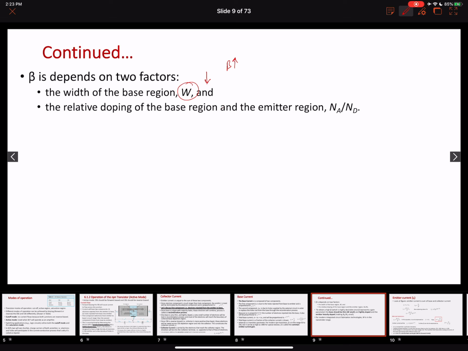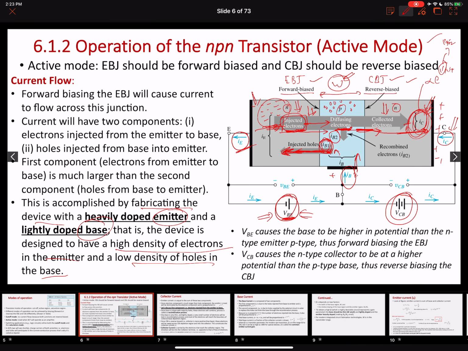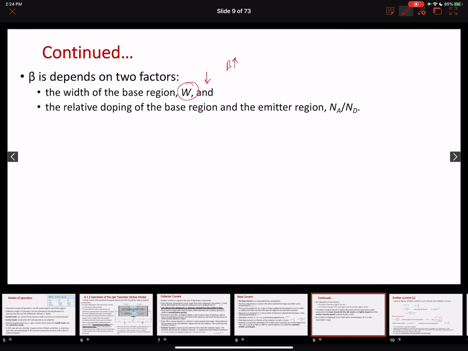The second important factor is the doping levels of the emitter region and the base region. If our emitter is more heavily doped compared to the base region, our collector current will be higher and the base current will be lower. If we make the relative doping of the base to the emitter smaller, our beta will increase.